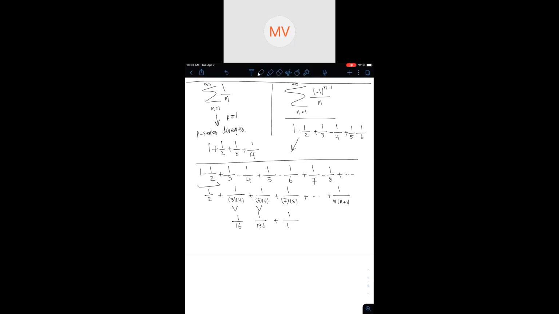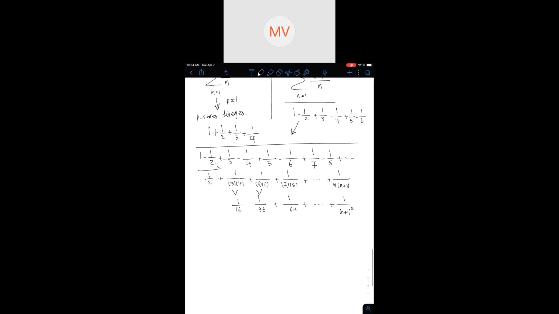That one is larger than 1 over 64. And that one is larger than 1 over (n+1) squared. Agree?